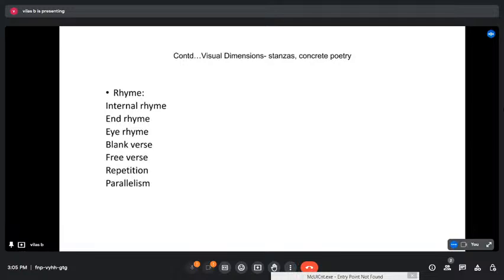For example, a Shakespearean sonnet has a rhyming pattern. It is divided into three quatrains followed by a couplet: ABAB, CDCD, EFEF, and GG.